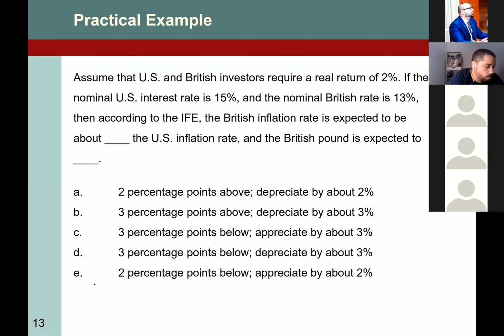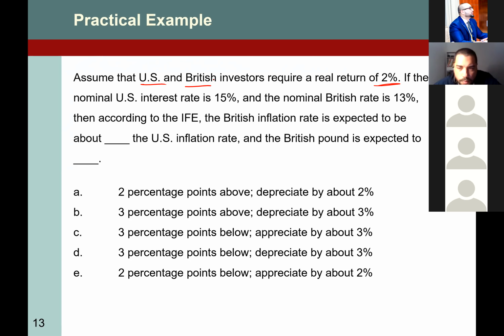Okay, everyone, please read this question and tell me the answer. I'm also going to be reading out the question. Here we go. Assume that US and British investors require a real return of 2%, which means in both countries, the real return is 2%.